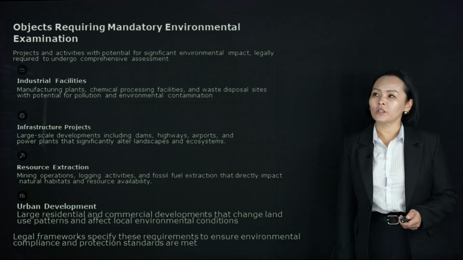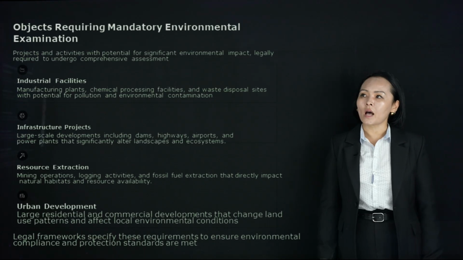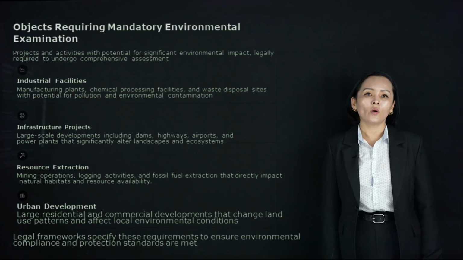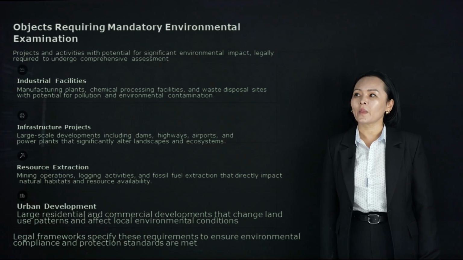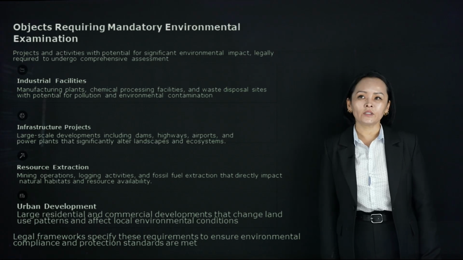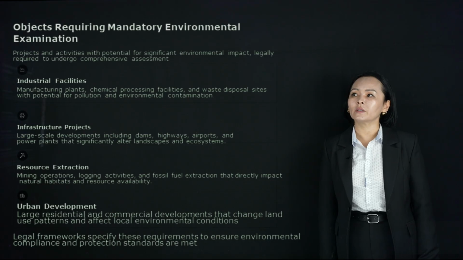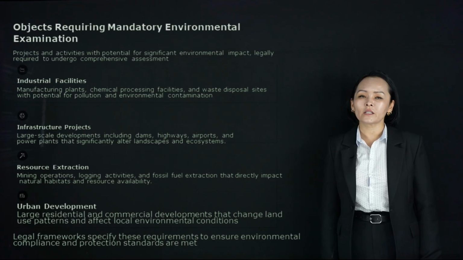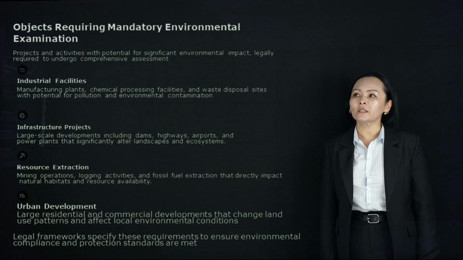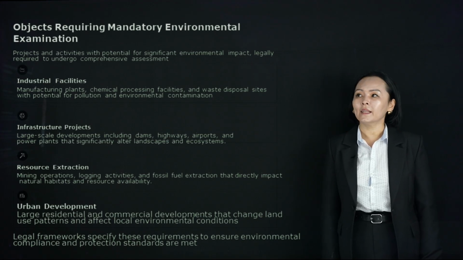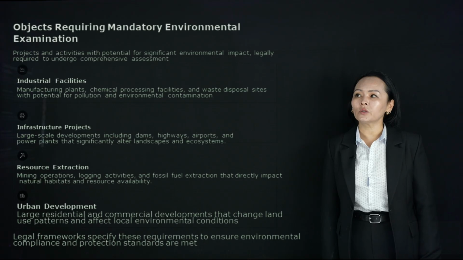And the next question in our lecture is about the objects requiring mandatory environmental examination. Projects and activities of mandatory environmental examination have potential for significant environmental impact and are legally required to undergo comprehensive assessment.